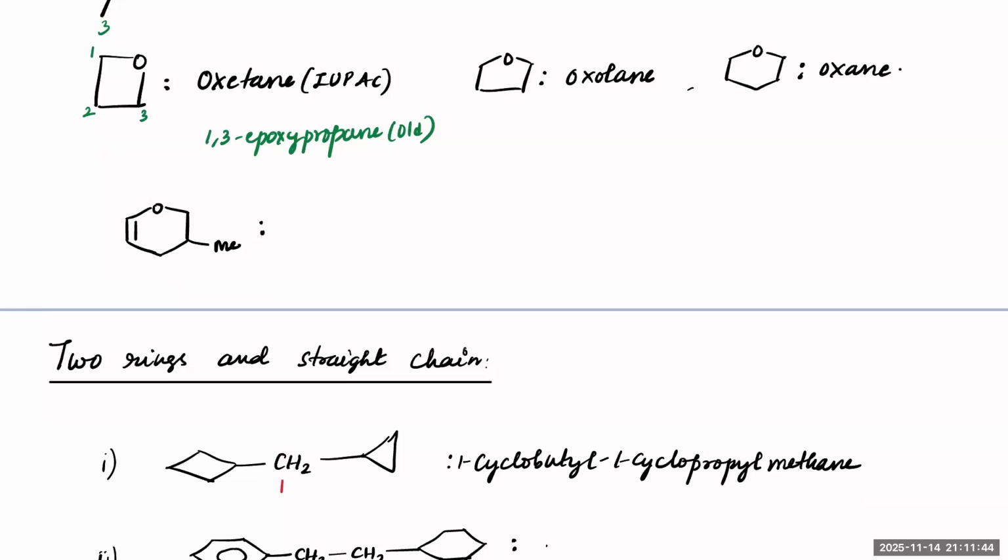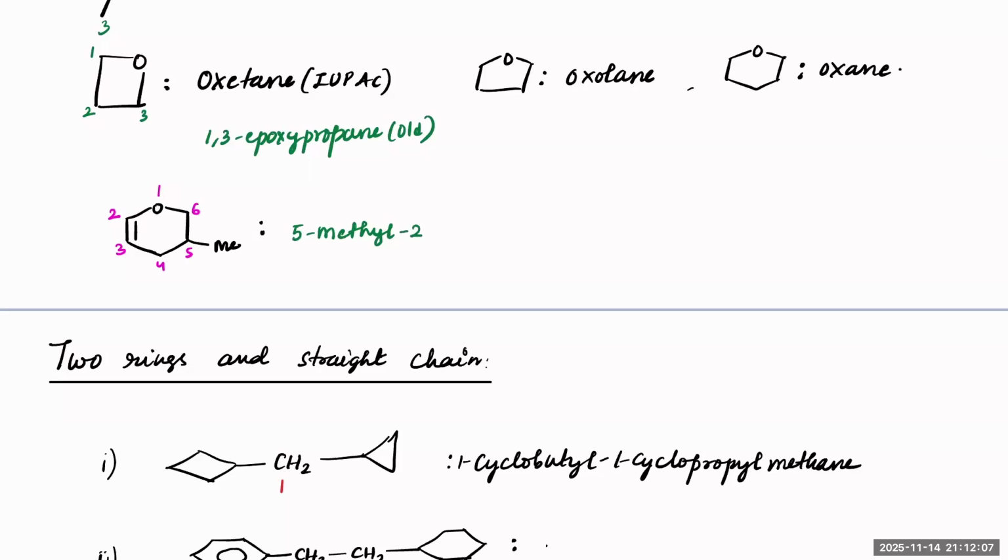See, this is oxane, correct? So numbering should always start with oxygen. Then you give more priority to the double bond. 4, 5, 6. This is how the numbering should be. So on the fifth position, I have methyl. So 5-methyl oxane.